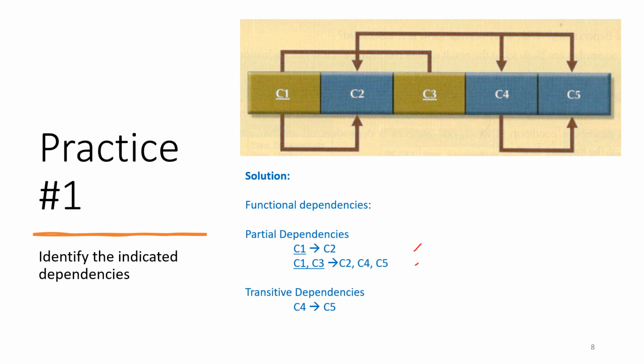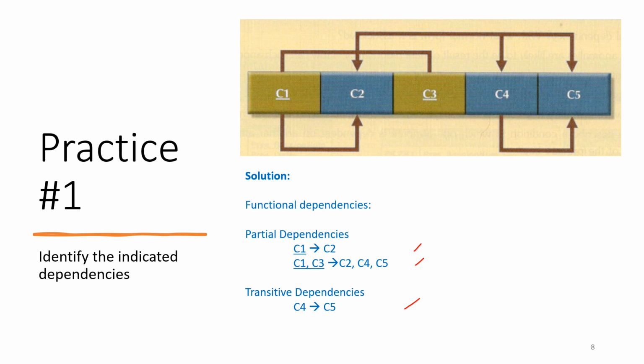So you can write down the solution in this way. In the rest of the slides there are various more examples, so you can use them to practice the process of database normalization yourself.